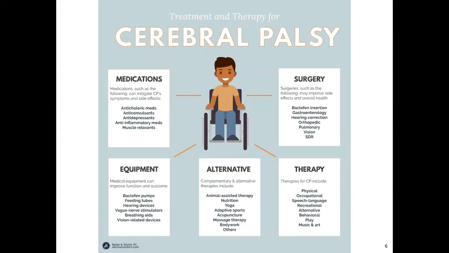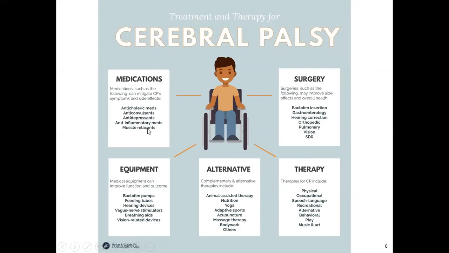So before management, I want to tell you how we diagnose it. Definitely ultrasound or CAT scan or MRI. The treatment, basically, some doctors prescribe botulinum toxin or intrathecal baclofen or PT/OT. Medication can work, like anticholinergic, anticonvulsant, antidepressant, anti-inflammatory medication, or muscle relaxant.